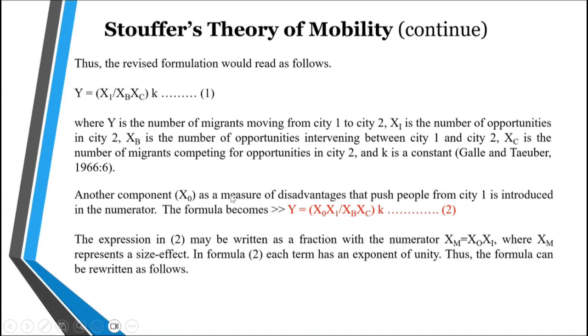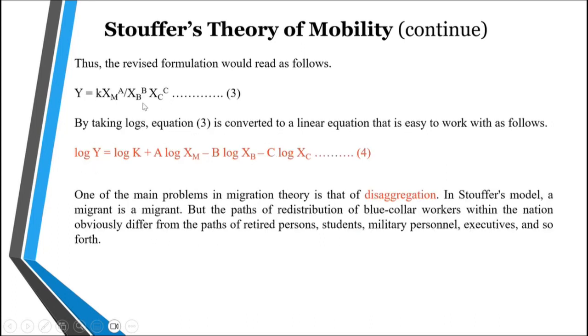So they expand the model. The expression may be related as a function of the numerator. So if X0 and X1 you join together, you can combine them as M, right? Therefore, you put a power on it, then you can convert it into a linear equation where empirical research can be done if you have data on this XC, XB, XM, right?